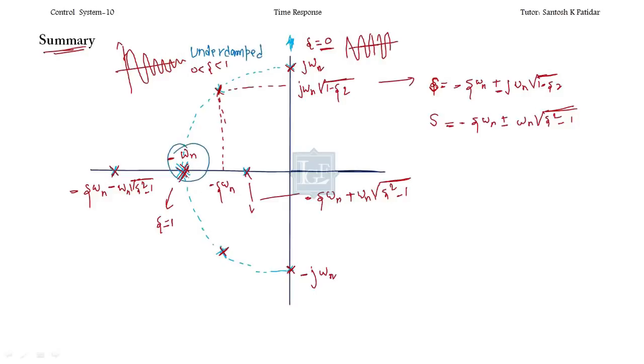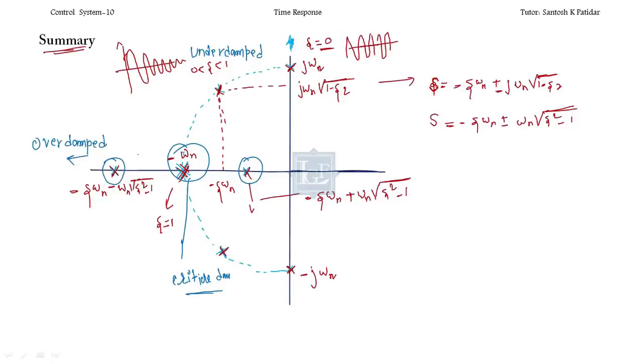Over here the system is critically damped. And for this and this, the system is overdamped. This is an overdamped system. Okay, so this is all about this lecture.